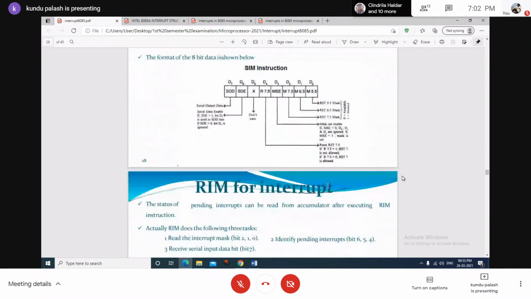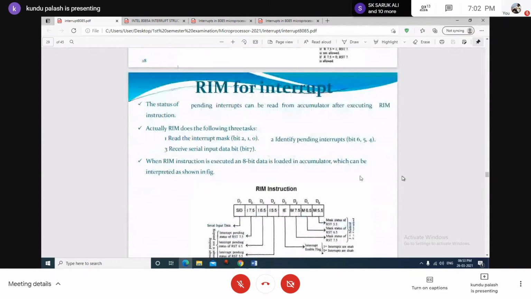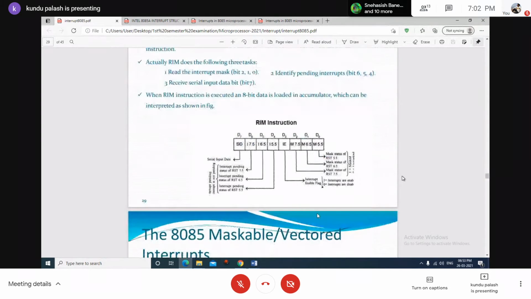Similarly, which interrupts are masked and unmasked can be read out by another complementary instruction, RIM, read interrupt mask operation. So that is the byte pattern. The D7 bit corresponds to the serial input data coming over this line.